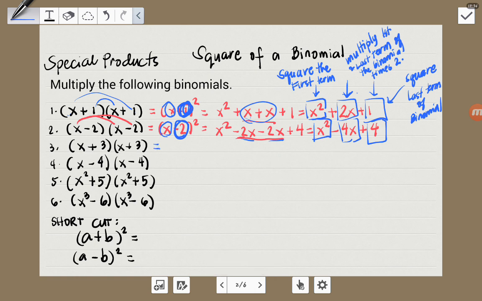Alam natin na kapag nag-multiply tayo ng binomial sa kanyang sarili ng dalawang beses, ang magiging sagot natin ay tatlong term. Yung first term, i-square mo lang yung first term, which is x square.